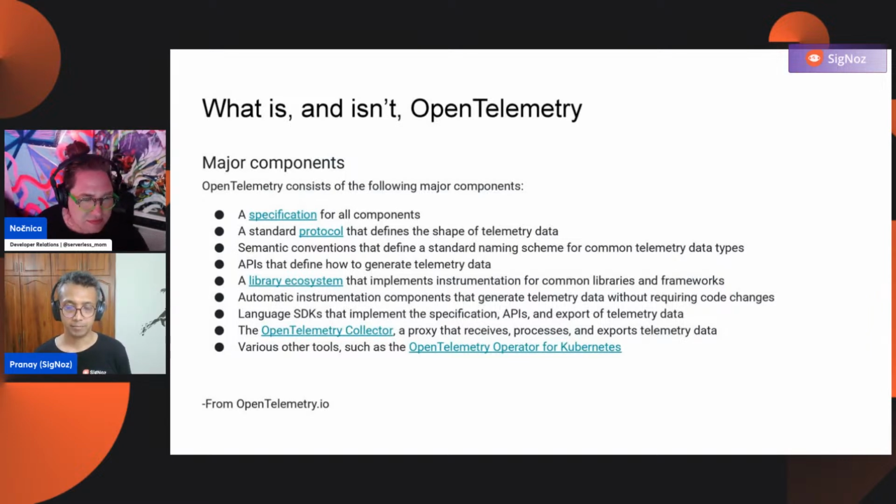Yeah, I think one of the core parts is defining the specs and the APIs. That's an independent part of what the project defines. And then it also provides an SDK which implements it, so that you can get started very quickly, and by default they have auto instrumentation components, so you don't have to worry too much about whether you're instrumenting the right libraries or frameworks.